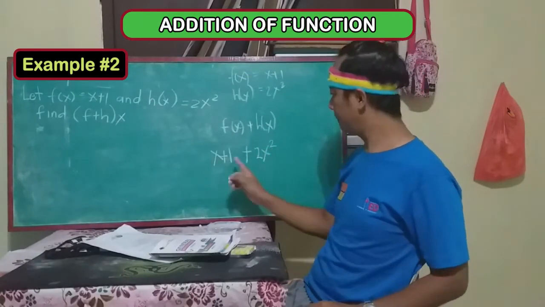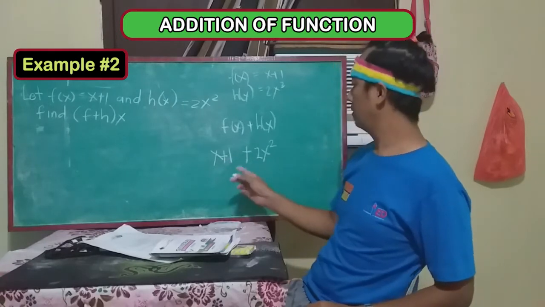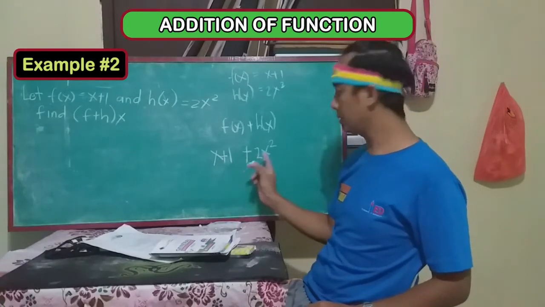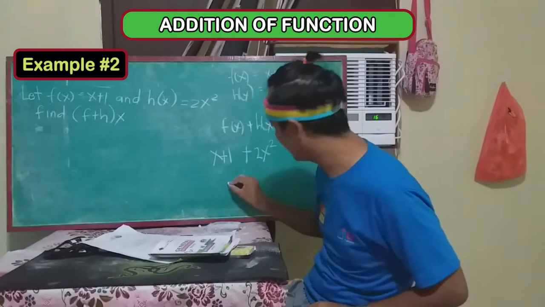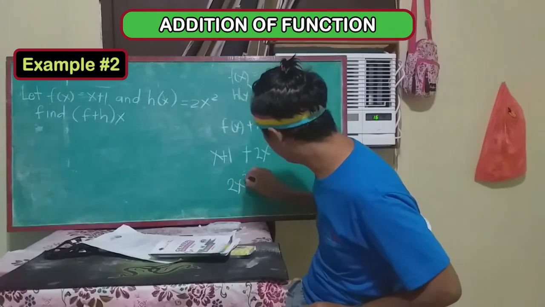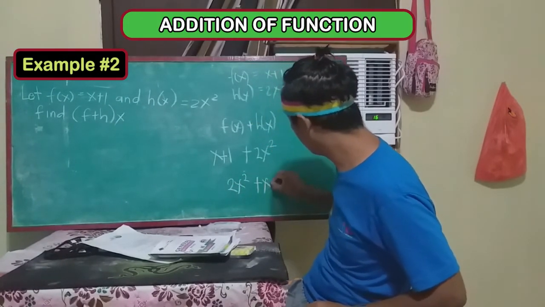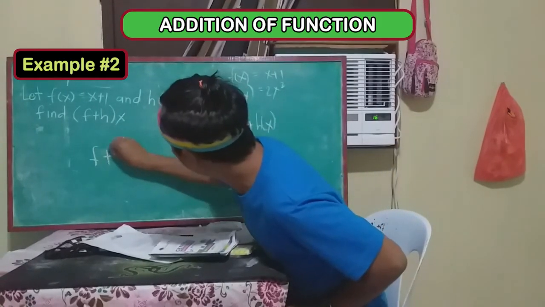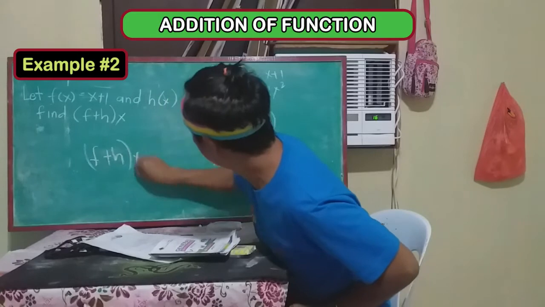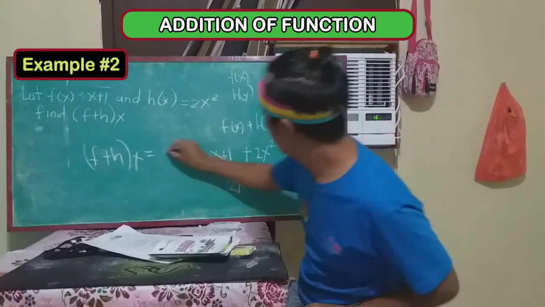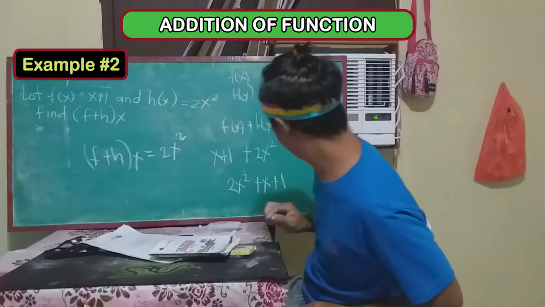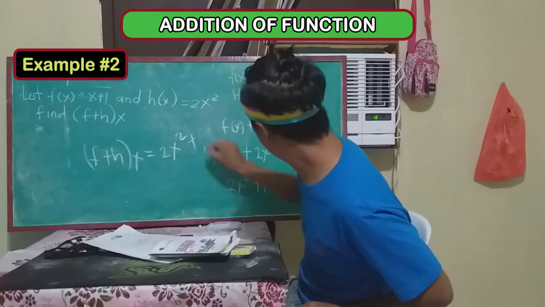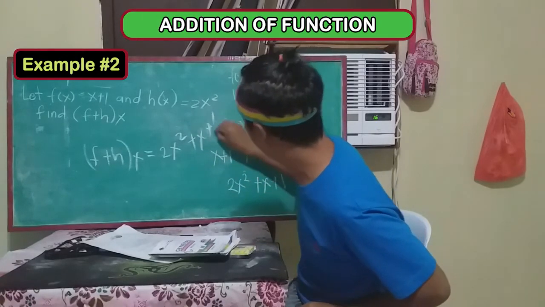Ganun lang kadali. Pagpasin mo yan, wala nang like terms, so ganyan na siya. Arrange na lang natin. 2x squared plus x plus 1. So, ang f plus h of x is equal to 2x squared plus x plus 1.